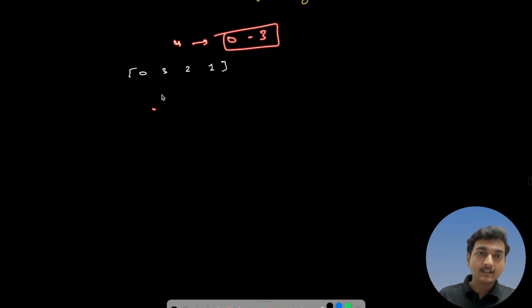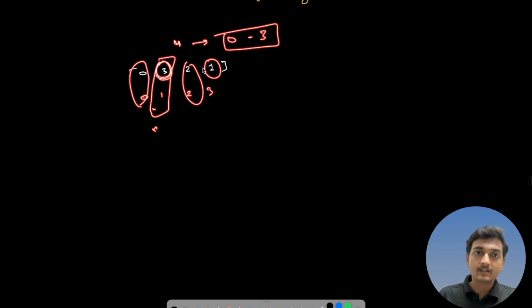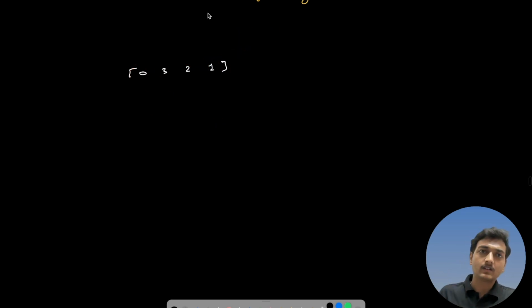Now I can see that 3 is not in its correct position, and 1 is not in its correct position, because 0, 1, 2, 3, I can see this is matching, and these two are not in their correct positions. So I simply need to swap these two positions, and I can get my k.